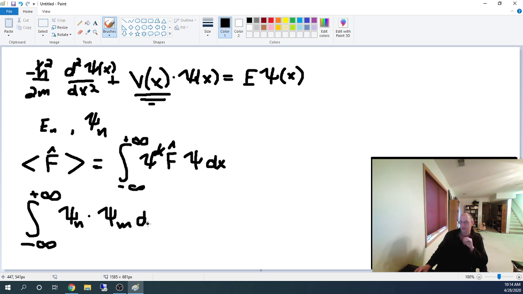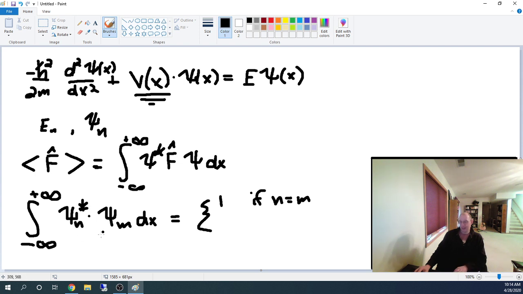If I integrate this over x from minus infinity to plus infinity, it is equal to 1 if n equals m, if they're normalized. So in other words, this is actually a star. Because this then becomes psi n squared, psi n times psi n.